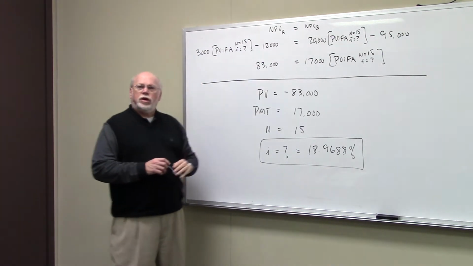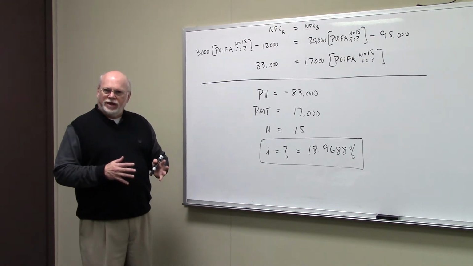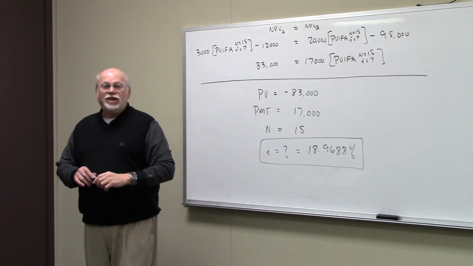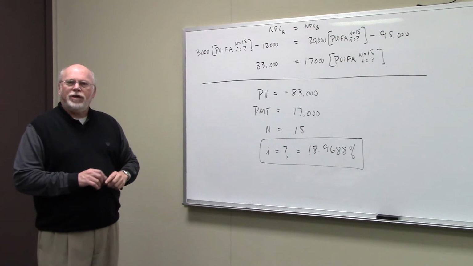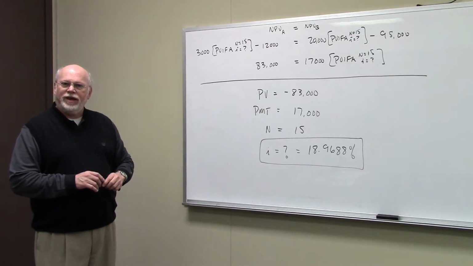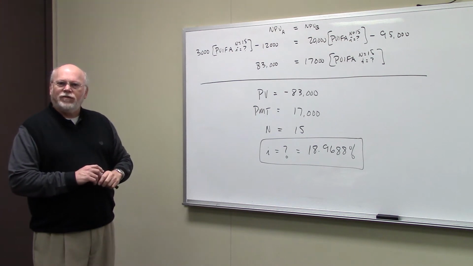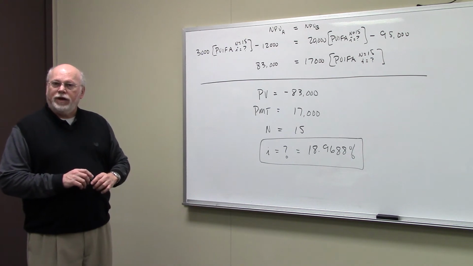Subtract off the cost of the project, the initial investment, and that would be the net present value of project A. Project B is very similar. We take its cash flow each year, $20,000, multiply it by our PVIFA with N equal to 15, I equal to something. That would give you the present value of the inflows. Subtract its cost, $95,000. That would be the net present value of project B.